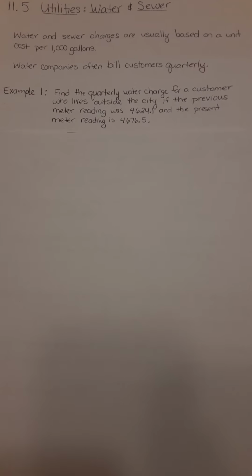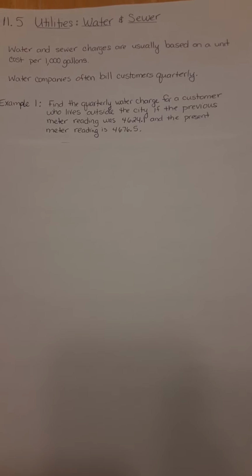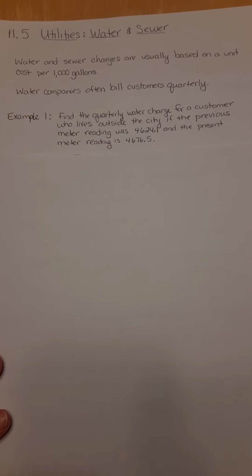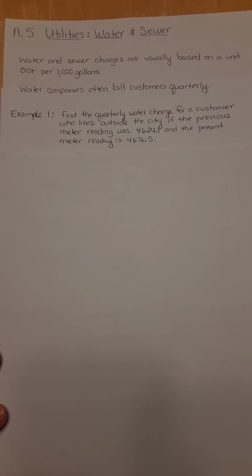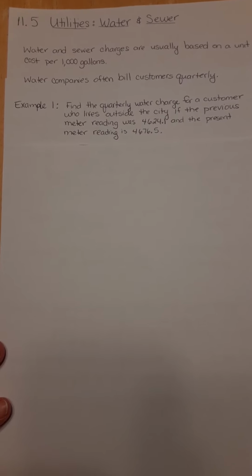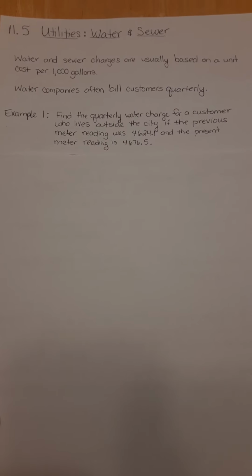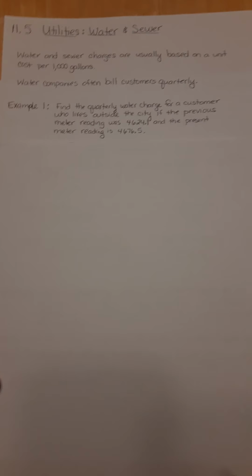So let's go back to our example here. This person lives outside the city and his previous meter reading was 4624.1 and the present meter reading is 4676.5. Now, our meter readings are by the 1,000 gallons, okay?